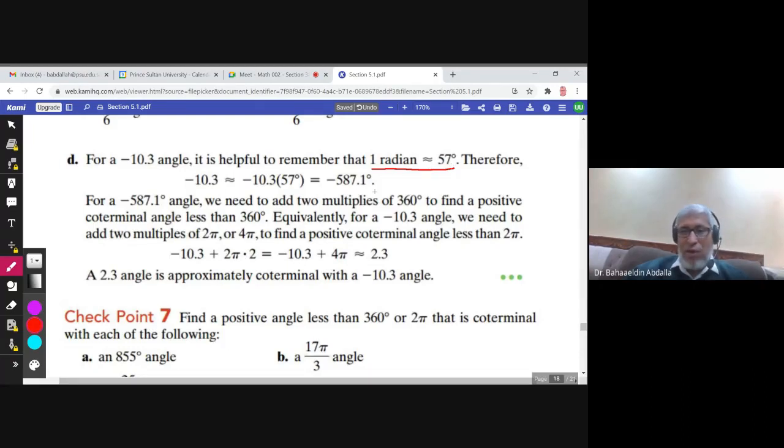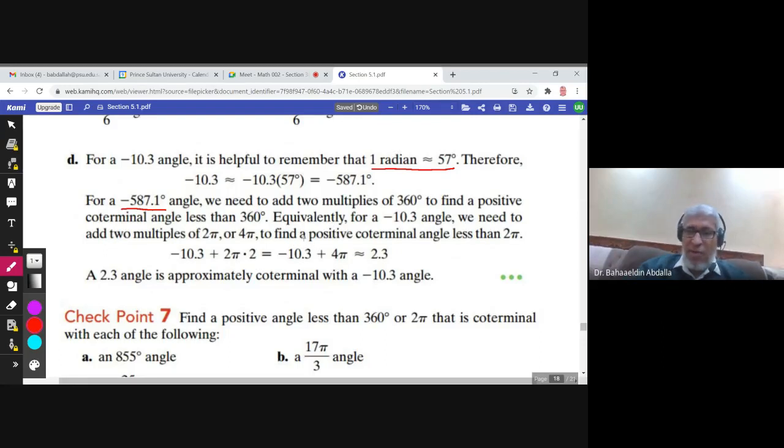So if you change it to degrees, you will get negative 587.1 degrees, and you add 360 degrees to it until you find the coterminal angle in degrees, and then you change it back to radians. This is one method. The other method, which I prefer, I will work with radians.